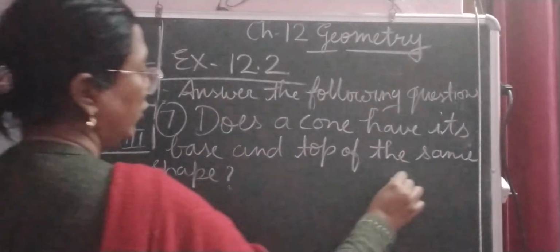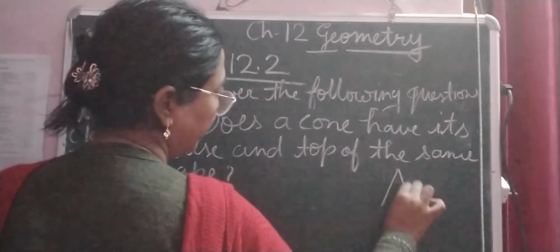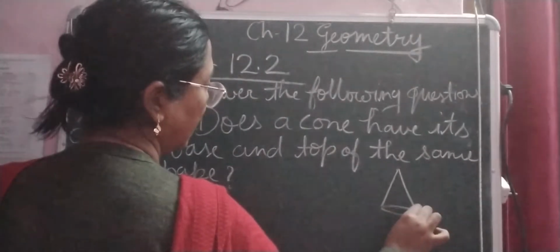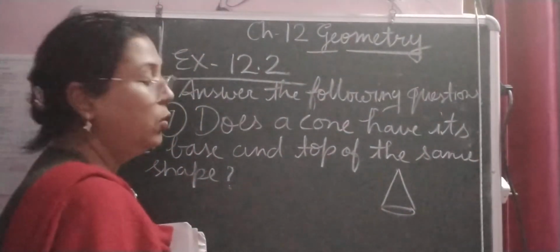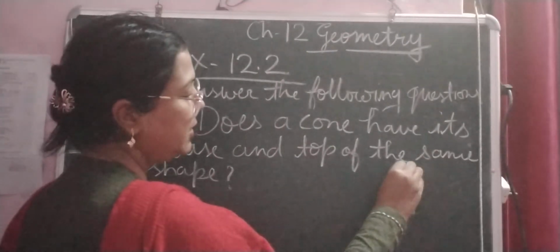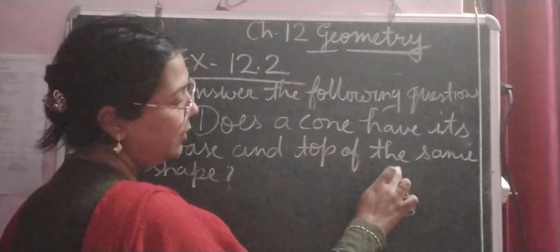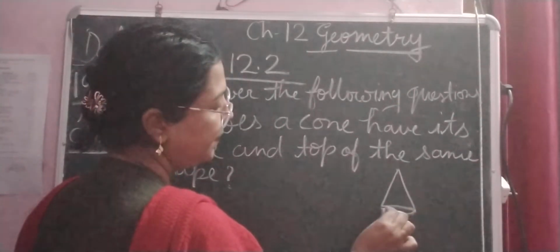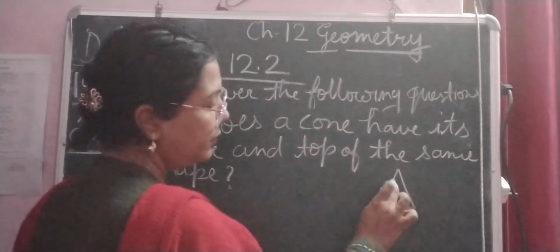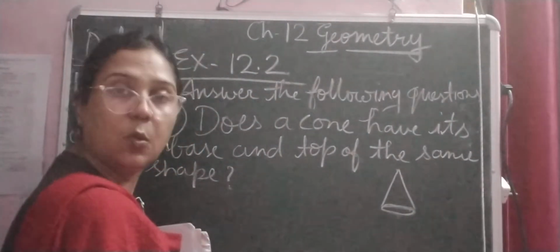Now children, I am going to draw the shape of the cone. Here you can see the shape of the cone. You will see one vertex is there. The lower part of this cone is circular.